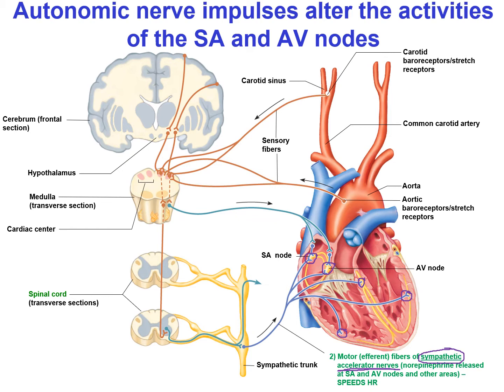It's a close cousin of epinephrine or adrenaline. And so when impulses are sent down these accelerator nerves and norepinephrine is released at these various locations, this acts to speed the heart up. And as the name implies, accelerator, speeding up the heart.